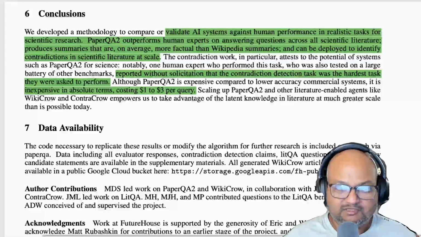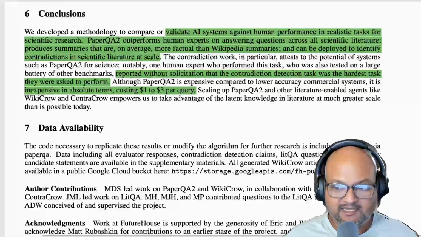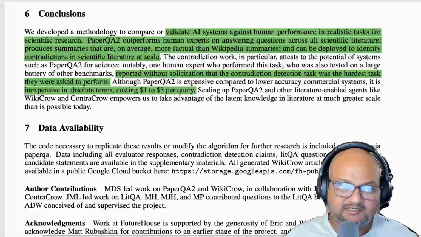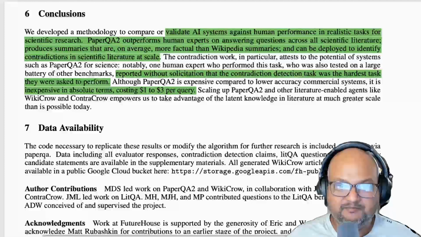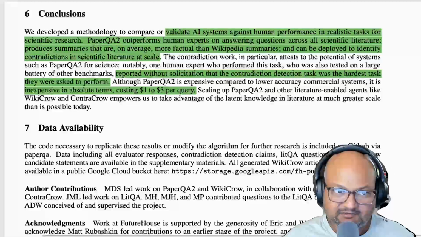And on all these three tasks, this system was evaluated against human experts and judged by human experts, and still demonstrated performance better than those human experts. So that is a really interesting result.